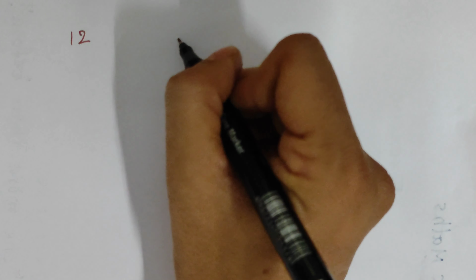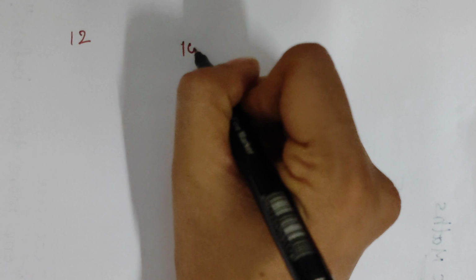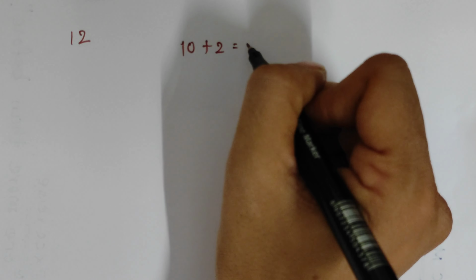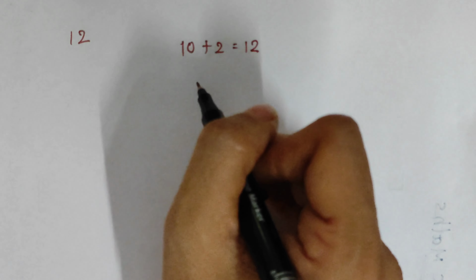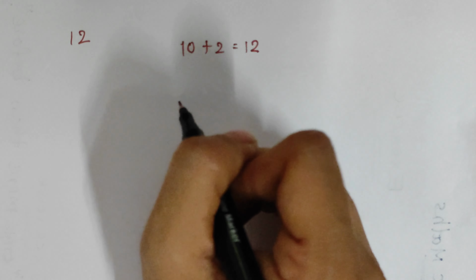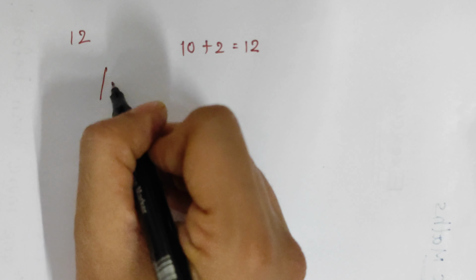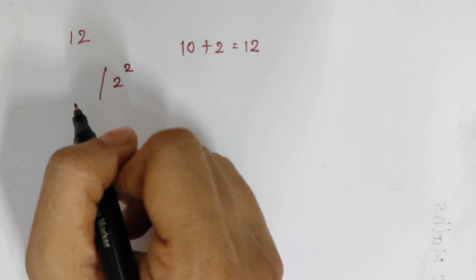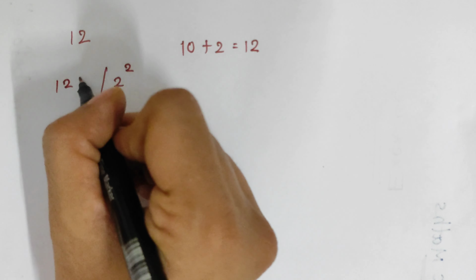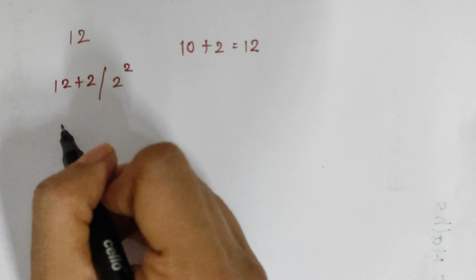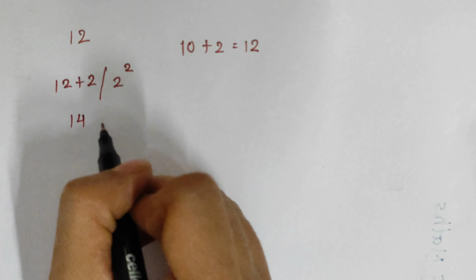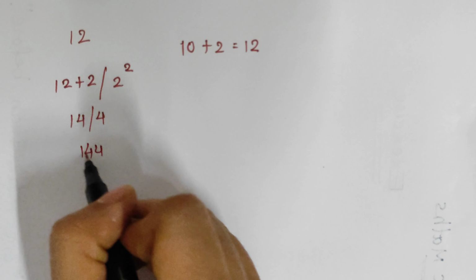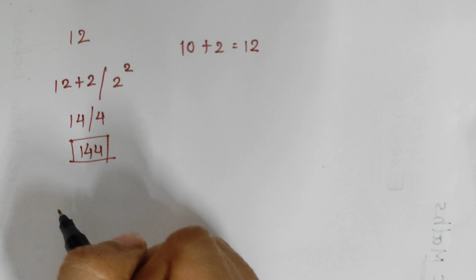The base is 10, so the deviation is 2. On the right side, we do the square of the deviation, 2 square. And on the left side, we add the deviation to the number, 12 plus 2, 14, and 2 2 ja 4. We remove the oblique, and the answer is 144.